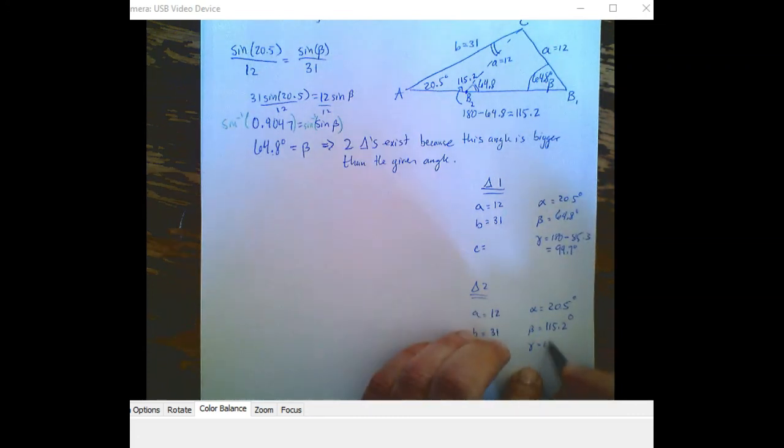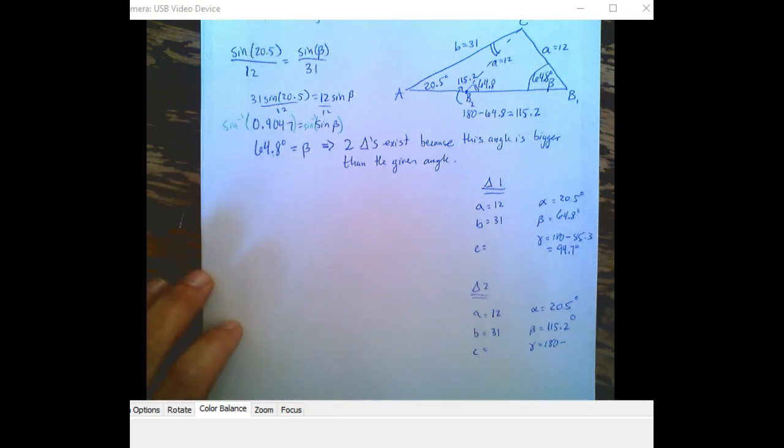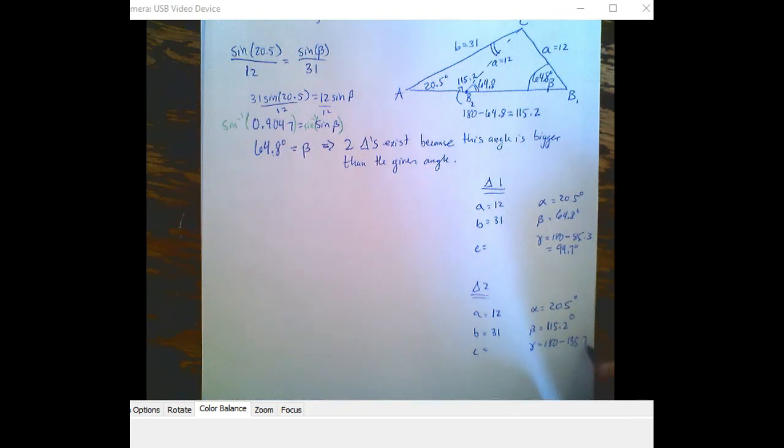We do the same thing here. 180 take away the sum of these two is 44.3, which is 135.7 for the other, and 44.3 for the gamma.